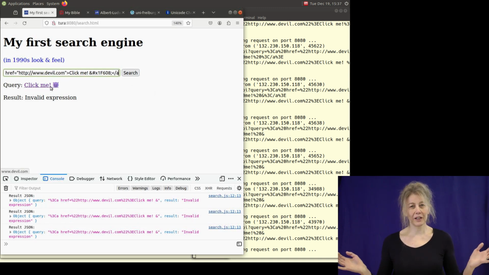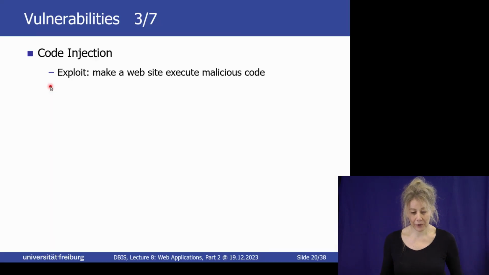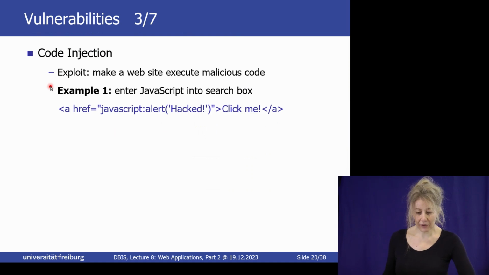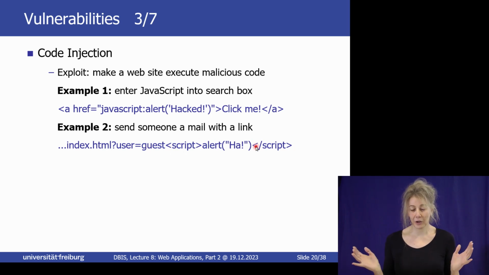So you can insert arbitrary HTML if you don't pay attention. It happens pretty quickly. That was just a click-me hack, of course. Or think of this: in your GET request here, you just insert JavaScript, and you can execute arbitrary code.